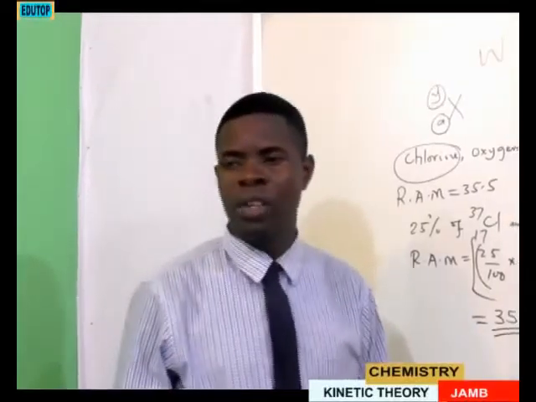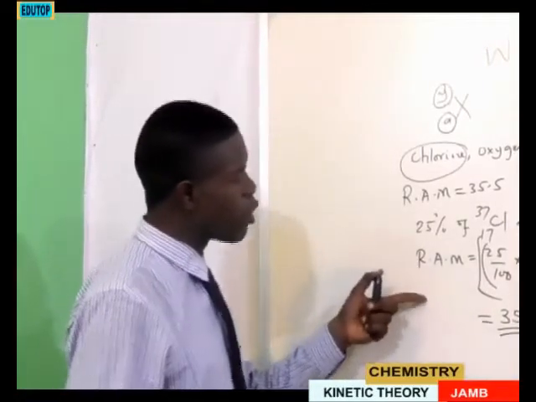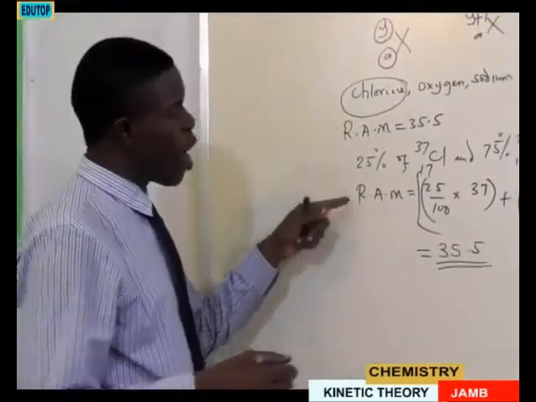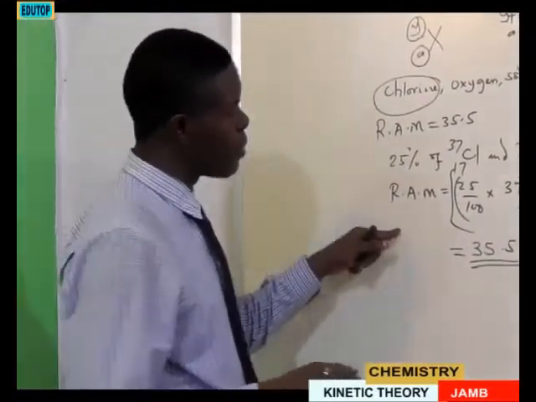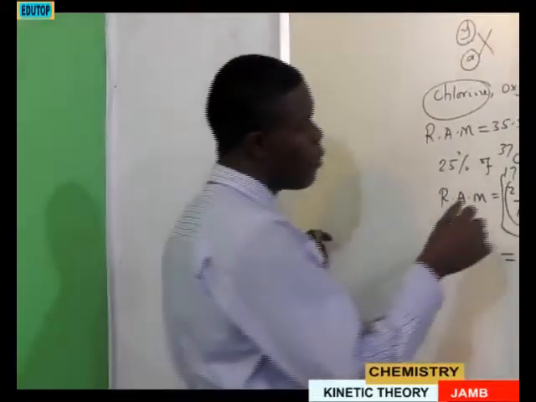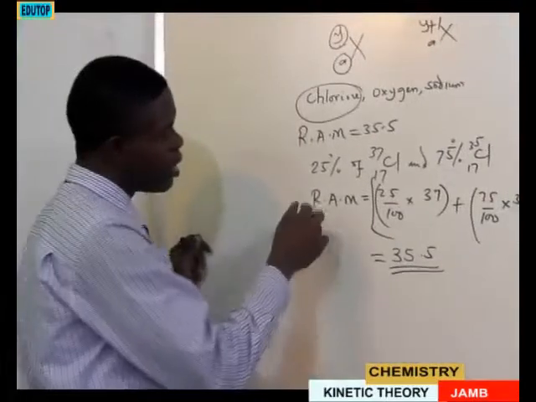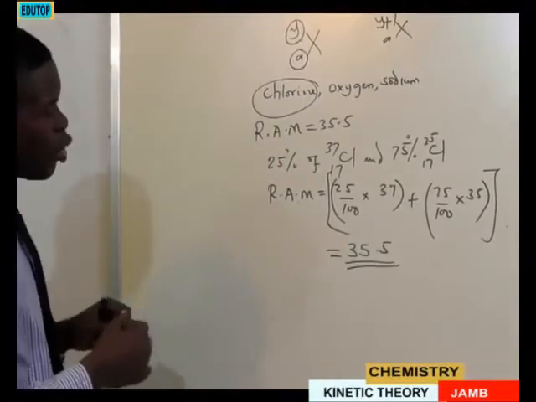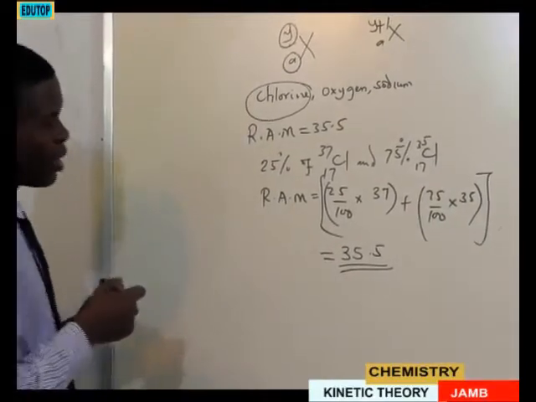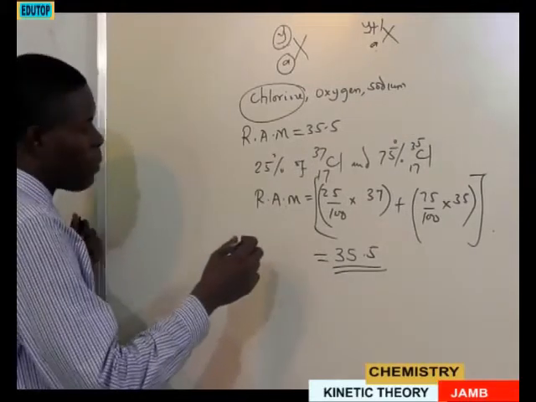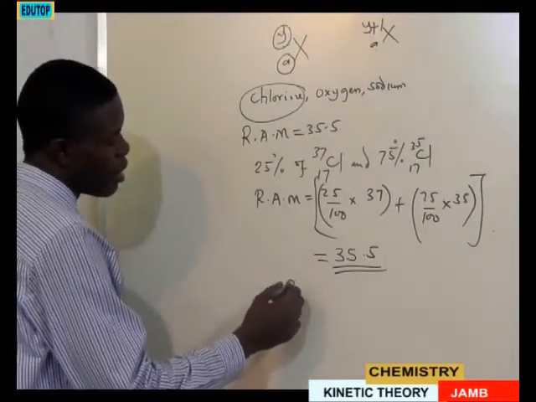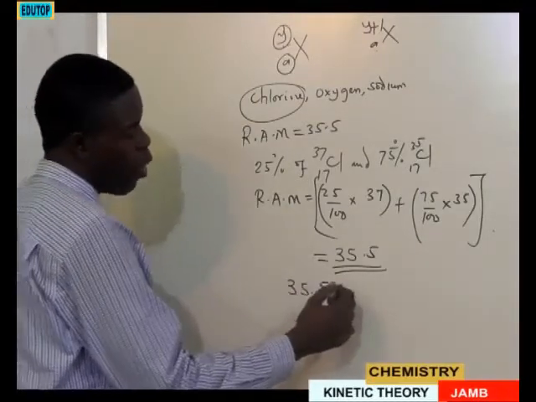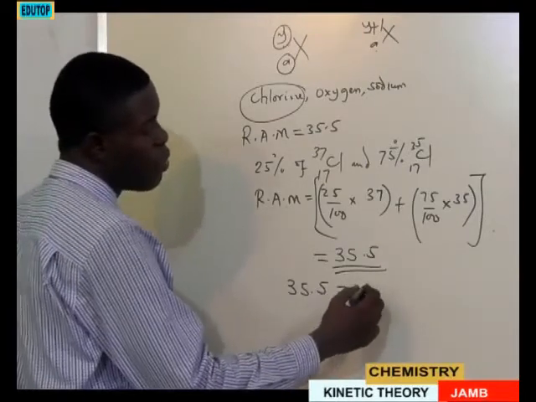Now, that is a typical example of a simple calculation on relative atomic mass. Even in our previous exercises, we have treated a question related to this type. So we have been able to use this format to calculate the relative atomic mass of chlorine. It should be noted that sometimes they can omit one of the isotopes' masses.